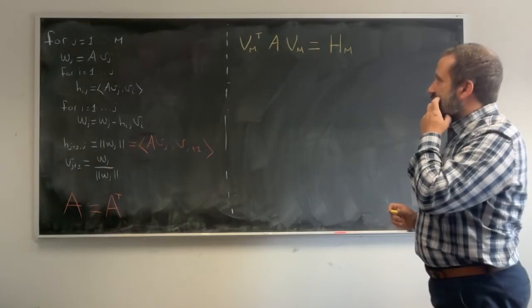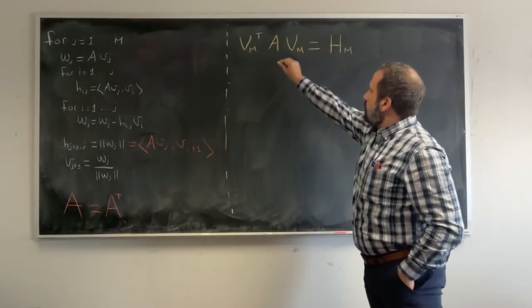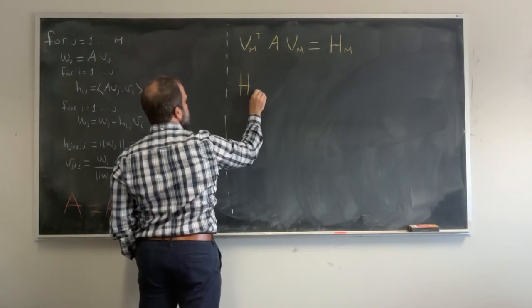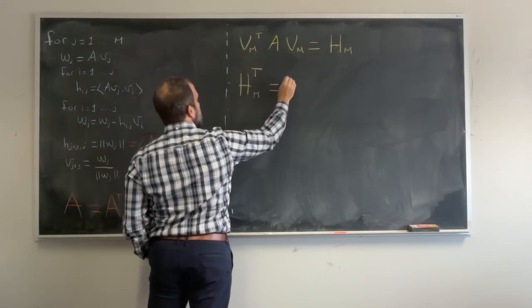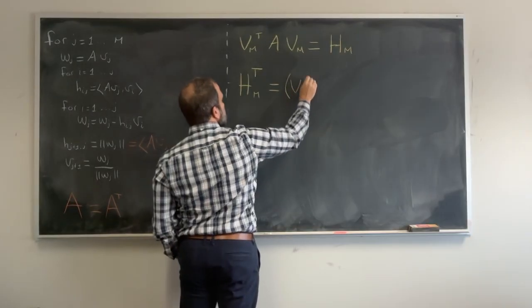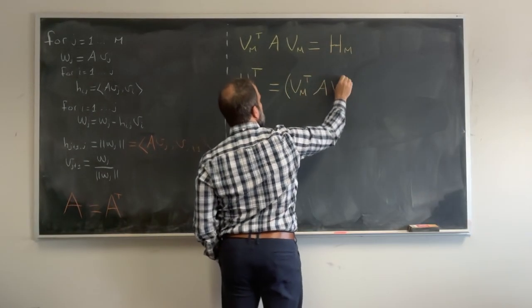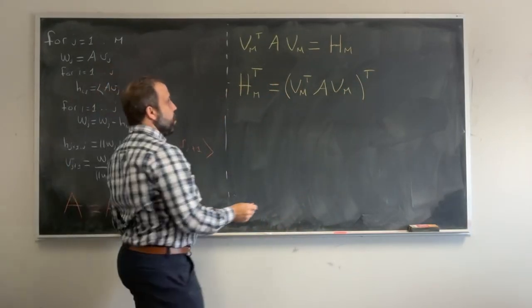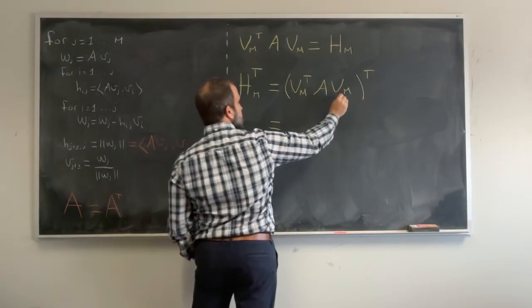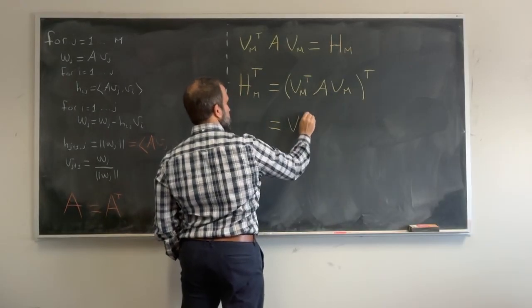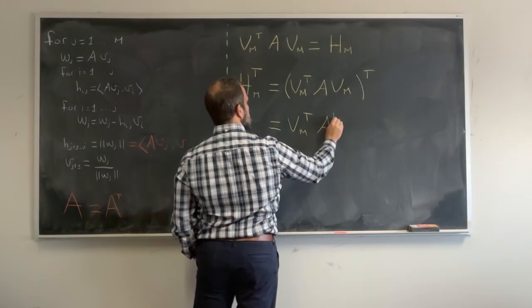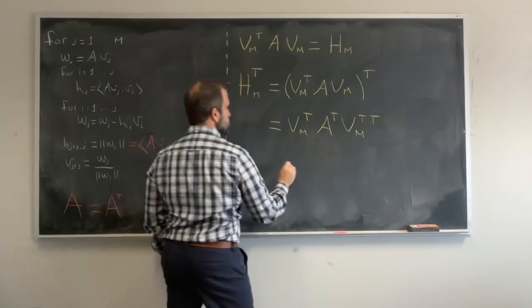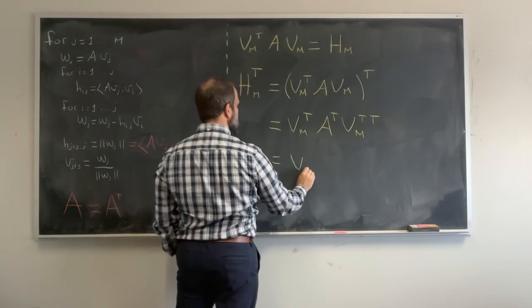Now A is symmetric. So what about Hm? Is Hm symmetric? Well, if I take its transpose, it's going to be the transpose of Vm transpose A Vm. And now using the rules of transposes, it's going to be Vm transpose times A transpose, and then times Vm transpose transpose. Okay, Vm transpose, we have that.